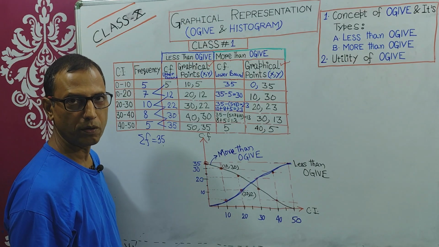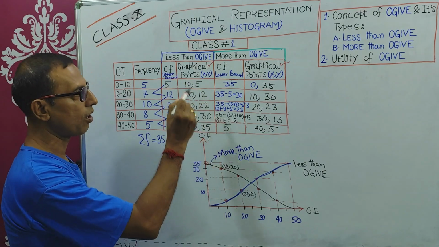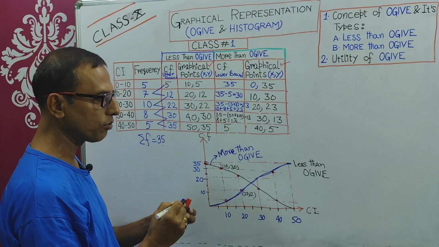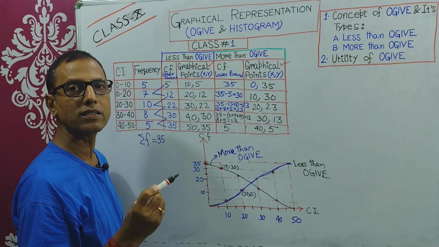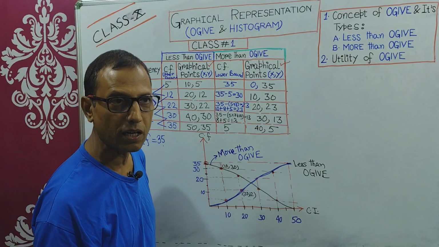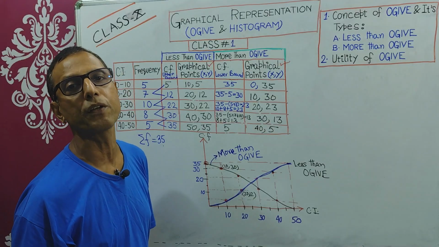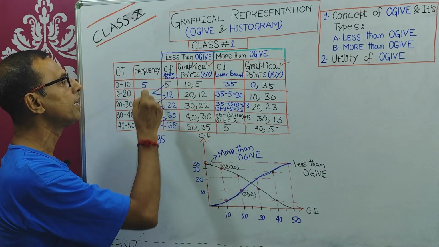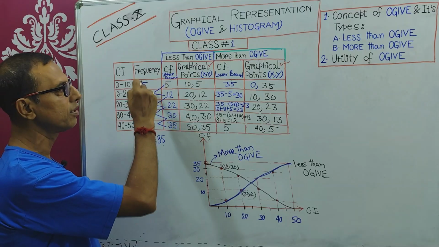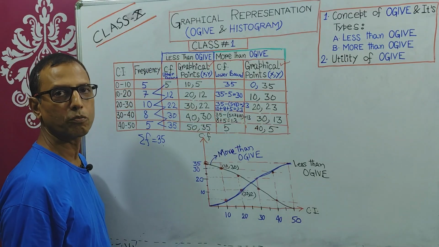Cumulative frequency is the most important part in the less than ogive or more than ogive.